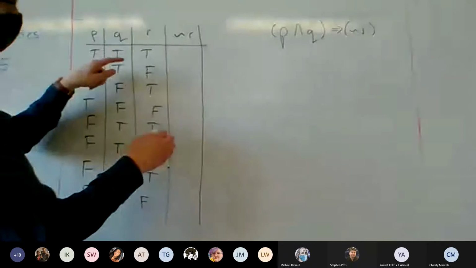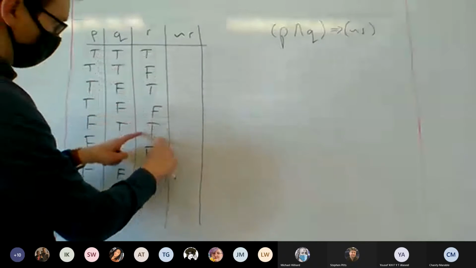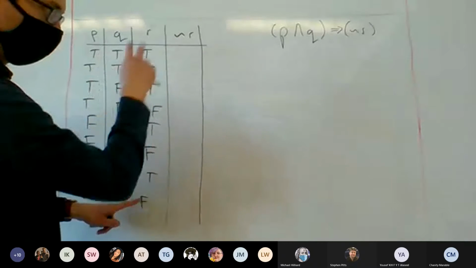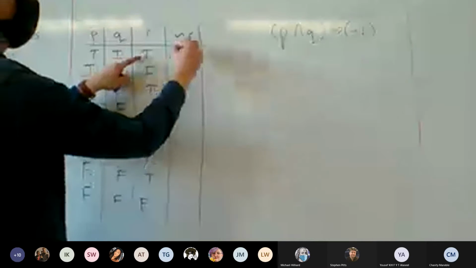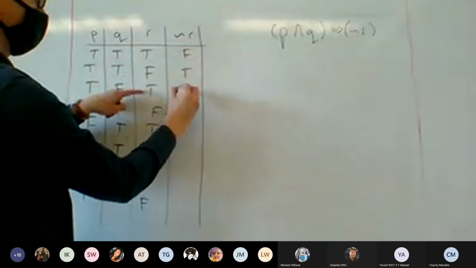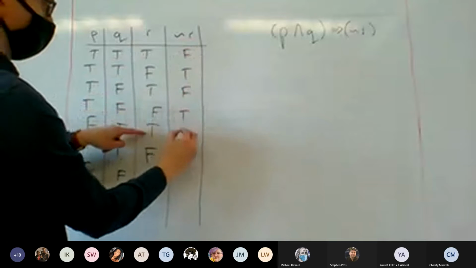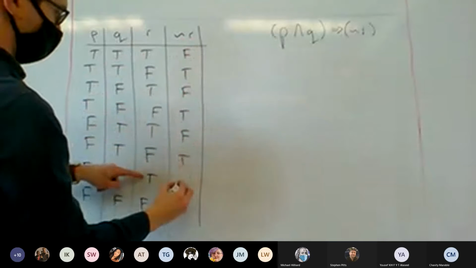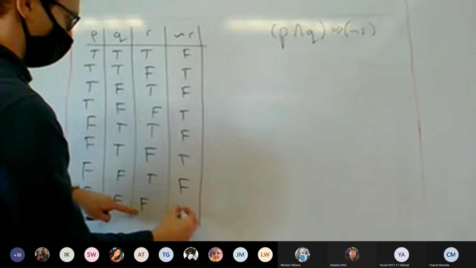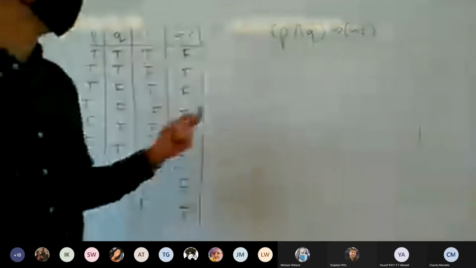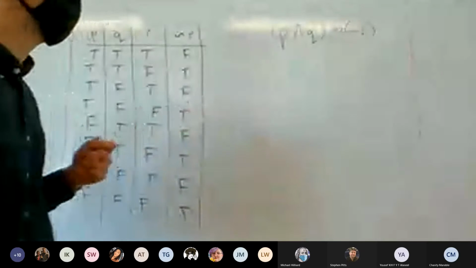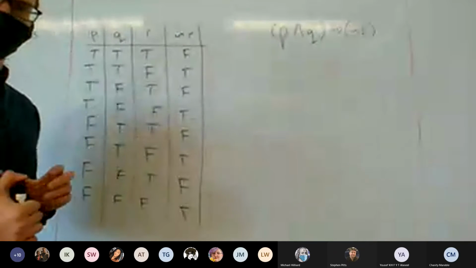That is the negation of R. So I'm going to write this entire column flipped: false, true, false, true, false, true, false, true. All right, there's that part done. And what's the other piece that I need here? Anybody?